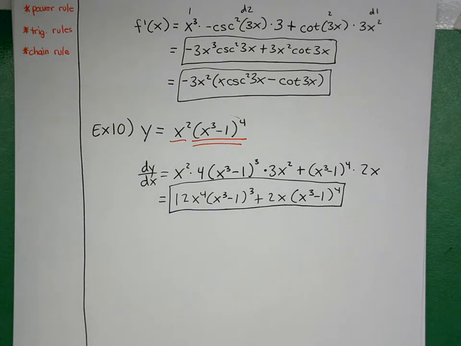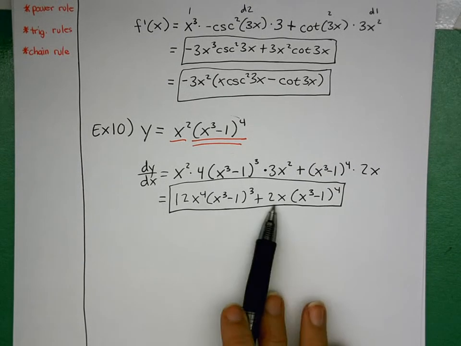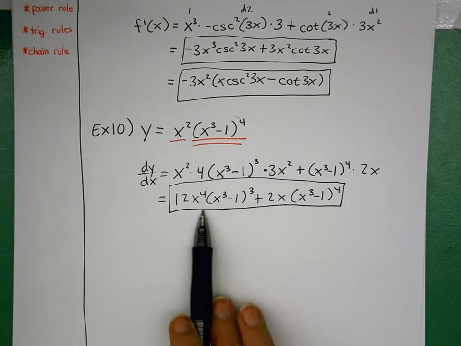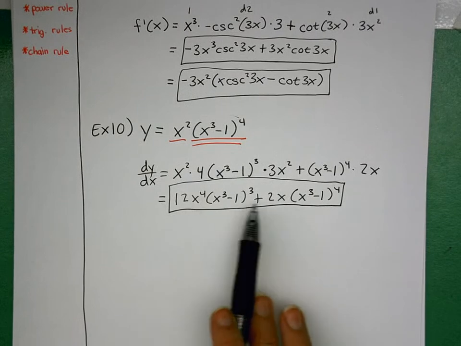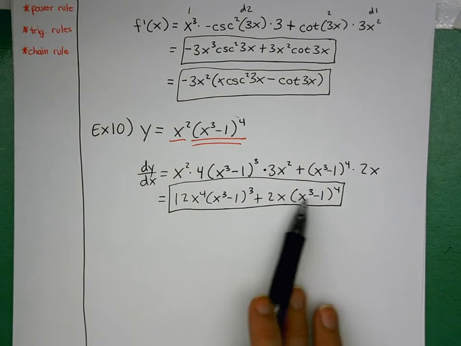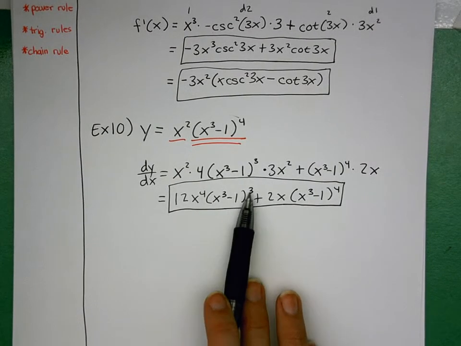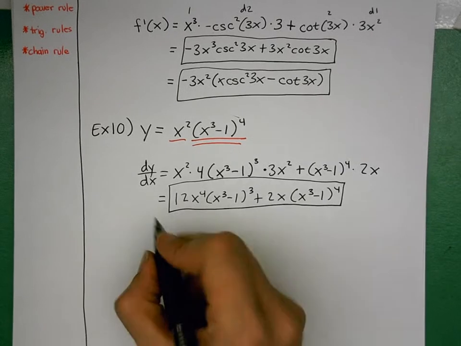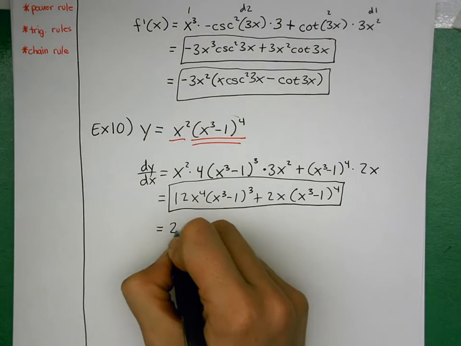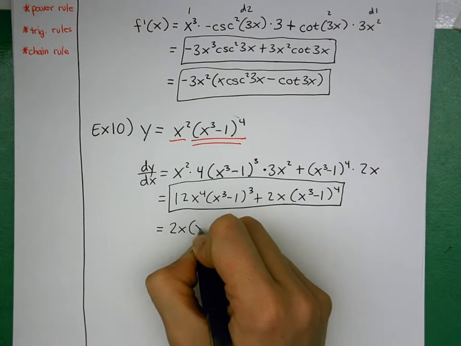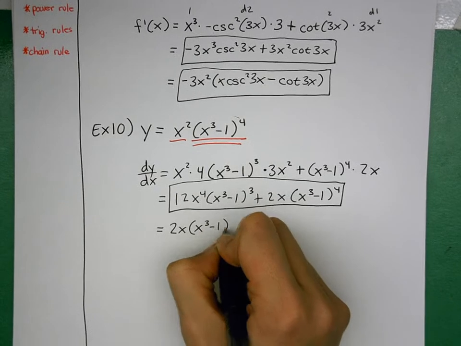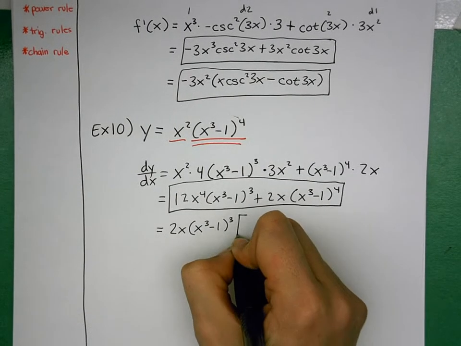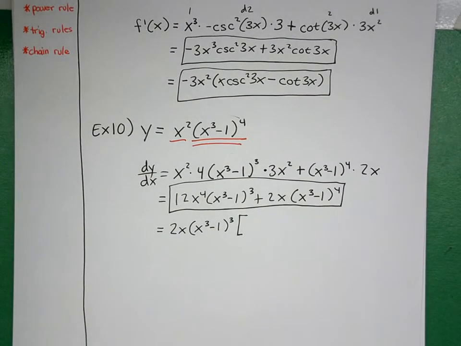Okay, we have some like terms in common. There's a 2x that could get pulled out, and what? x cubed minus 1. How many x cubed minus 1s? 3. There are 3 that they have in common. So I could pull out a 2x and those 3 x cubed minus 1s. And so then you'd be asking yourself, well, what's left over after I pull that 2x and those 3 x cubed minus 1s?